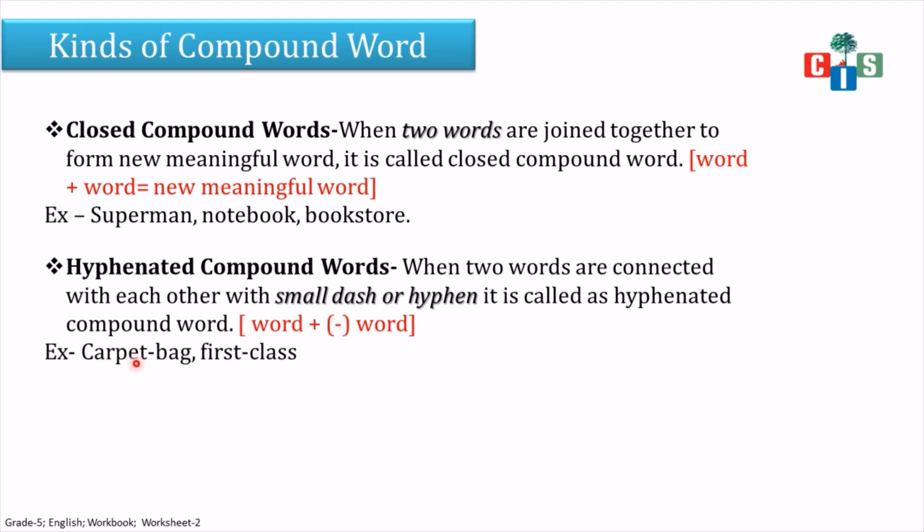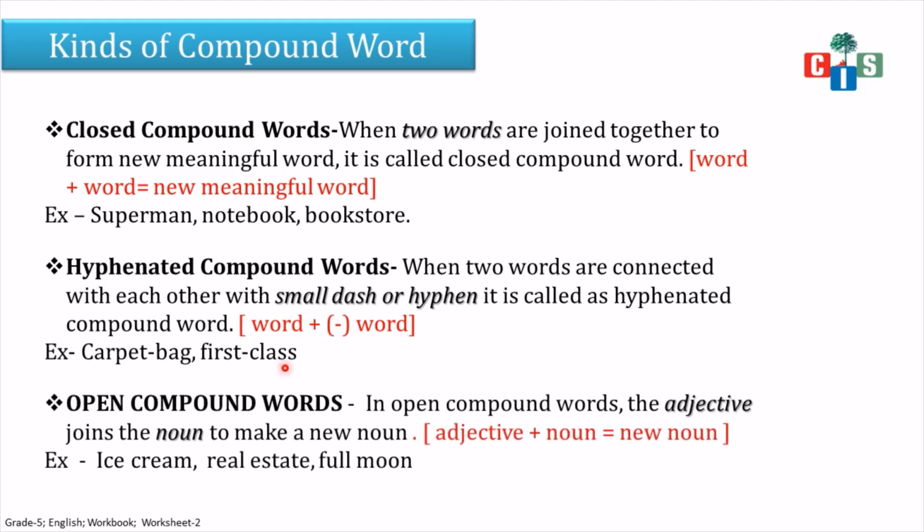Like carpet is one word which is joined with another word bag. These two words have their own meanings. When these two words are joined together with the help of one small hyphen, then it becomes a new word, that is carpet bag. In the same way, first-class. These are examples of hyphenated compound words.